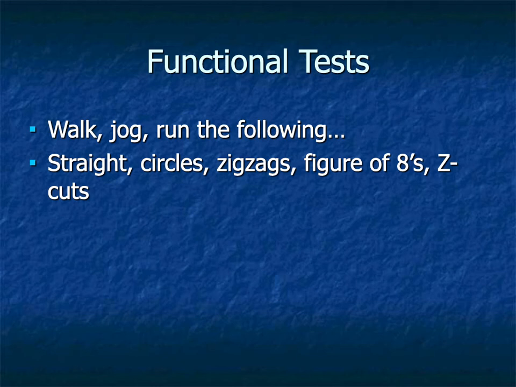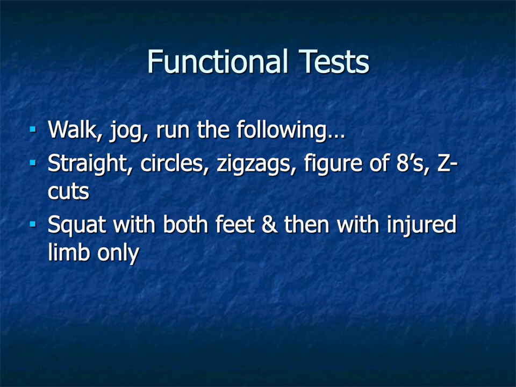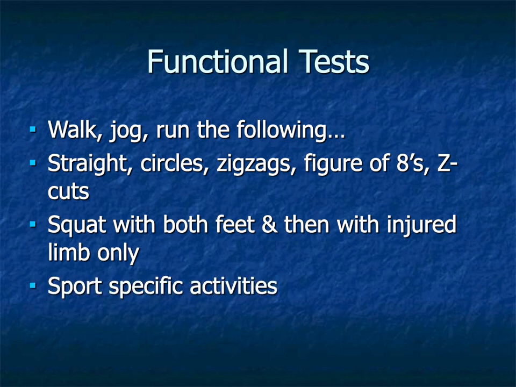Whatever sport they're doing, have them actually do their position, jumping, all those types of things, anything that they would do in their sport. Squat with both feet, and then with the injured limb only. And as I said earlier, do sport-specific activities with them to see what causes pain and what doesn't cause pain.